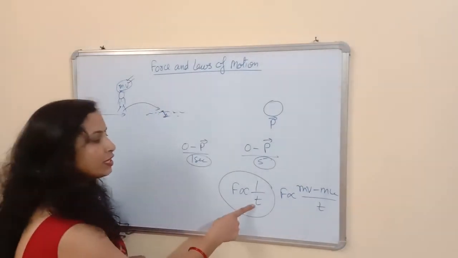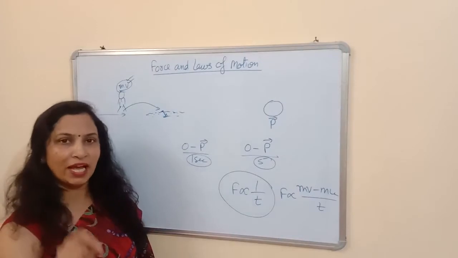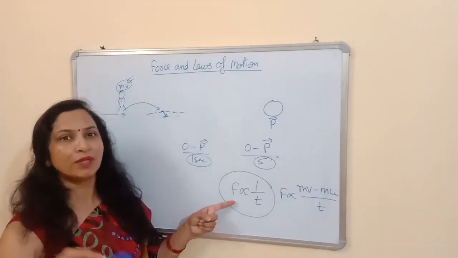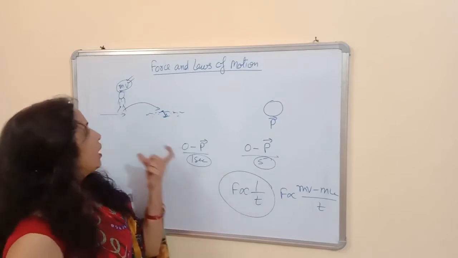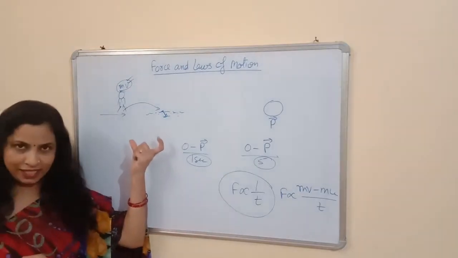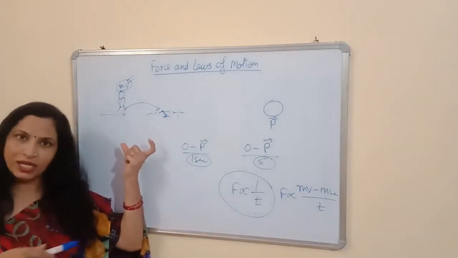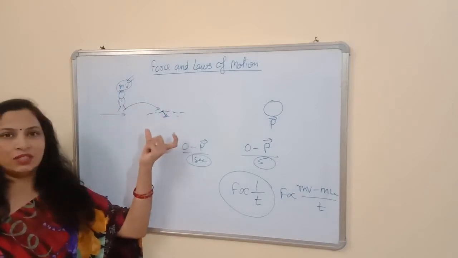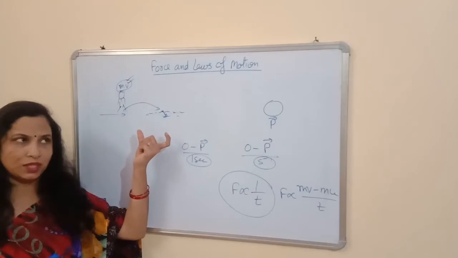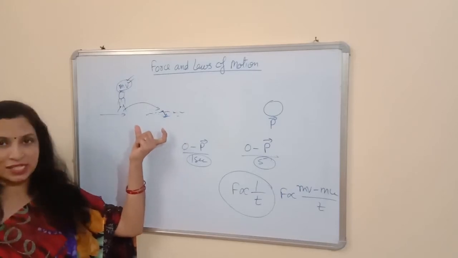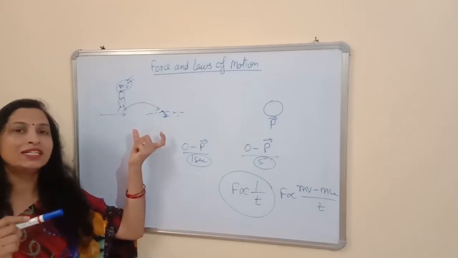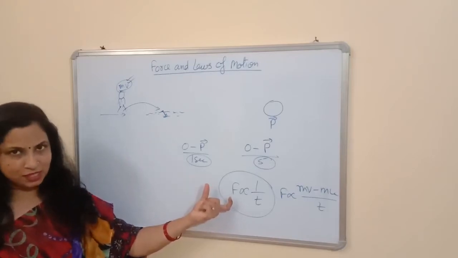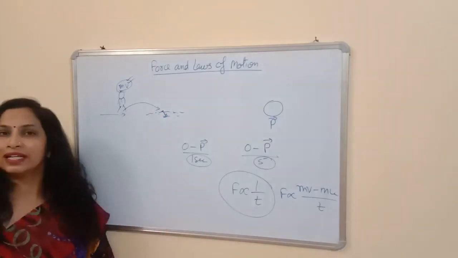And by increasing the time, the force applied will decrease because the force is inversely proportional to the time taken. So by increasing the time, we can decrease the force applied on the person. So that's why the person does not get hurt.